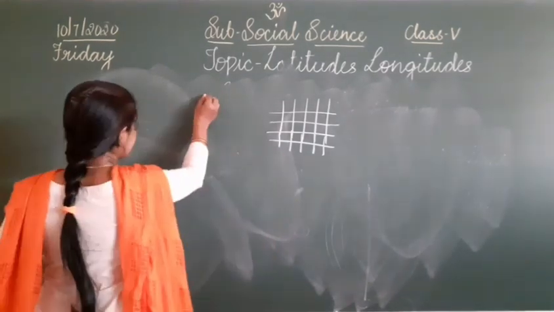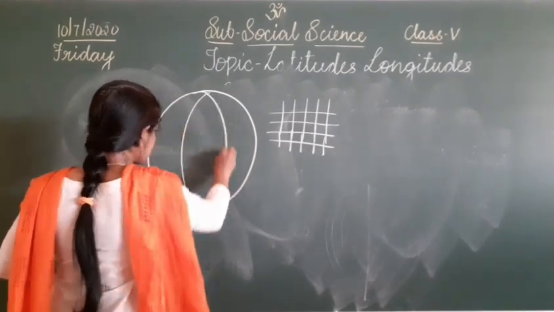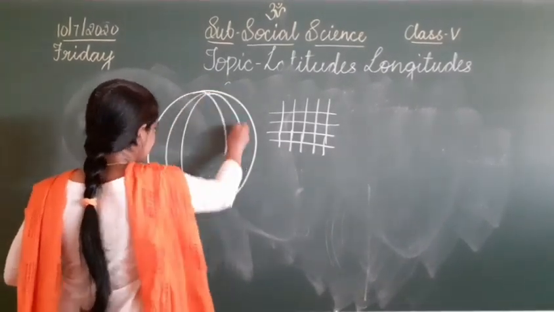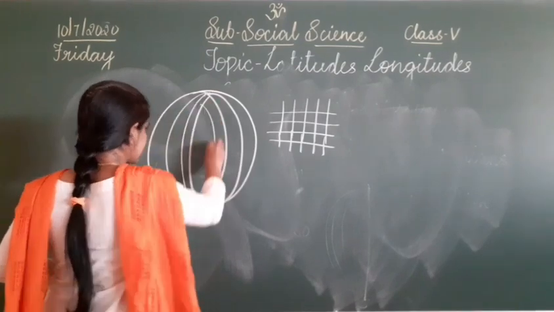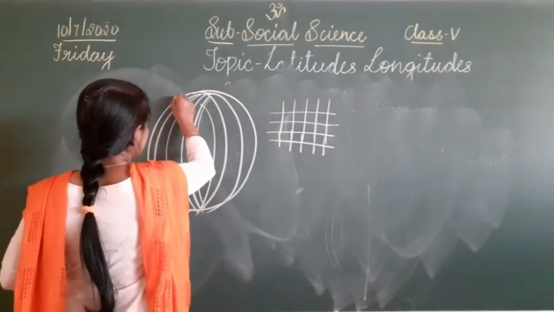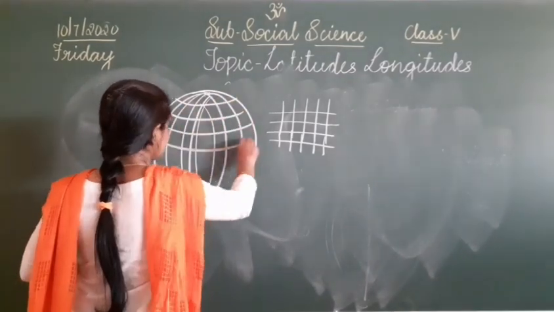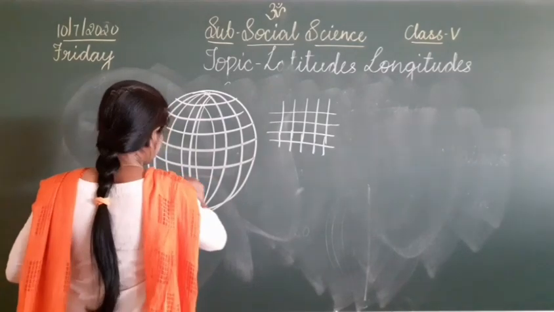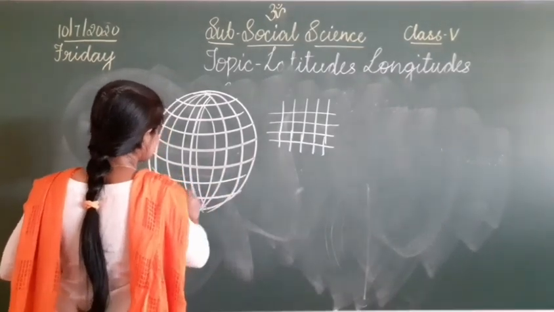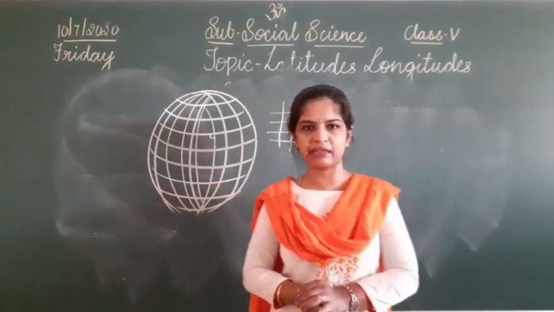Now, when latitudes and longitudes intersect, they also form a grid. They intersect each other. When we draw them on a piece of paper or when we see them on the globe, we see that they intersect each other at right angles. We know what a right angle is in mathematics?